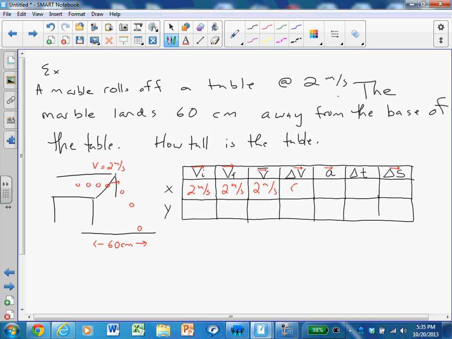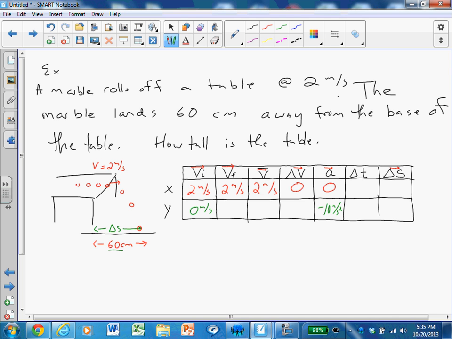So those are all 0. In the y direction, we still have a negative downward acceleration. We don't know anything else except, well, Vi is 0. It's rolling off the table. But we have the 60 centimeters. Well, that should give us our delta S in the x. It's positive, and it's 60 centimeters.